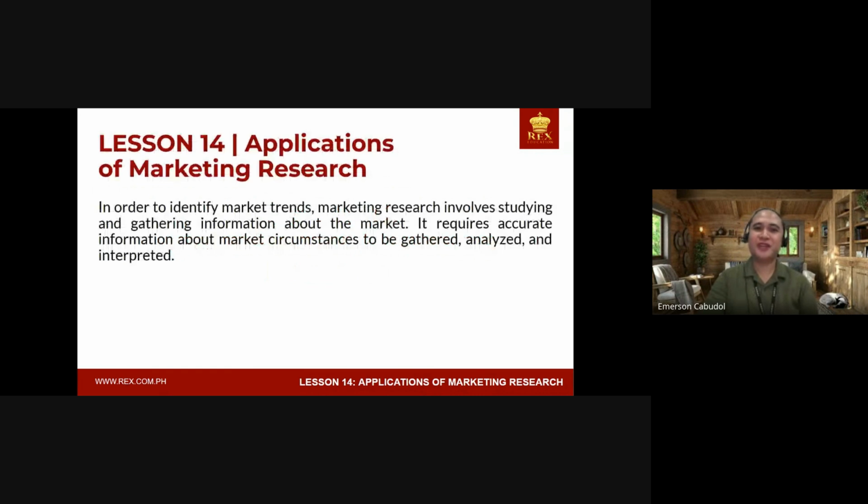For instance, businesses utilize marketing research to assess the potential demand for new products and to refine their offerings based on consumer feedback. It also aids in determining the most effective marketing channels and messages to reach target audiences.